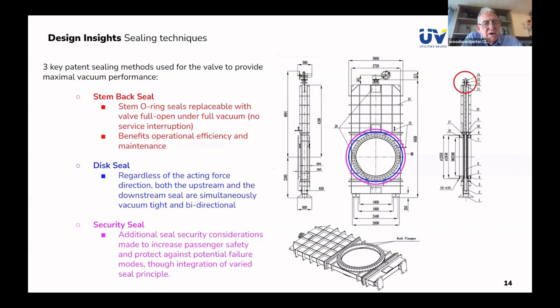But if we need higher levels of security, we can engage this seal to provide a higher level of security. And as I mentioned earlier, it's a different failure mode and different wear factors. So this double seal approach works very well.